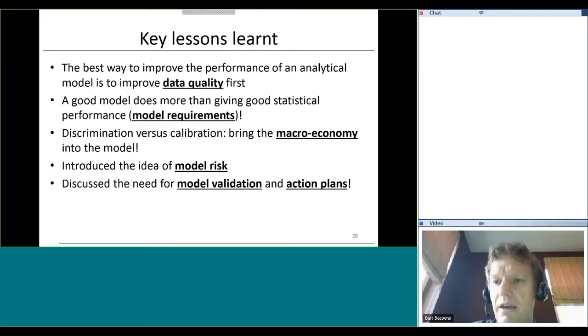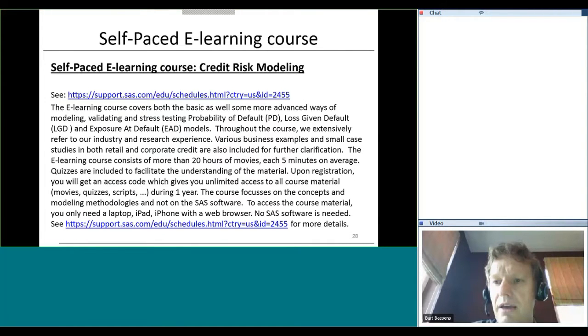Okay, so what I'm going to do now is I would like to give you a very small demo of a course which I have developed together with SAS, on all these concepts, credit risk modeling. Now, some of you may wonder, why did you develop it together with SAS? The software is used in the course, but the course focuses on the modeling concepts and modeling steps.